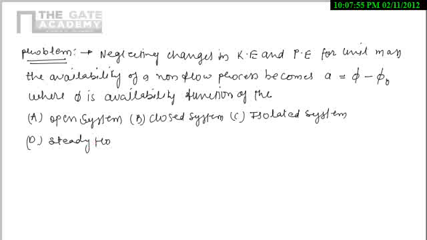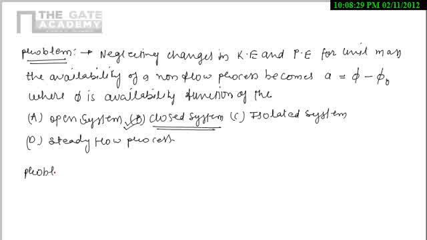So as we already discussed in the theory part, for a known flow process, phi minus phi 0, that is the availability function, is applicable for closed system. So the correct answer for this problem is B, that is closed system. So B will be the correct option.